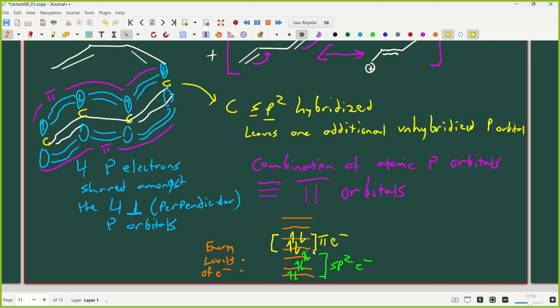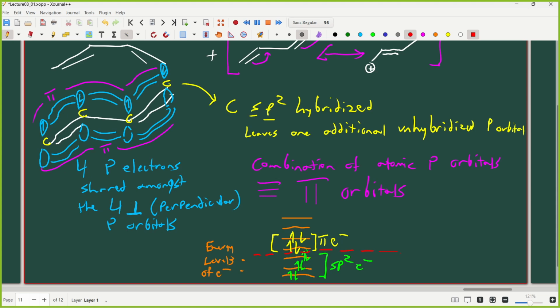Now I'm going to make an assumption here, a reasonable one for the most part, and we'll see how reasonable it is: that the sp2 electrons are independent from the pi electrons. They don't interact at all. So I can write a wall here, such that the electrons above this wall don't interact with the electrons below it.